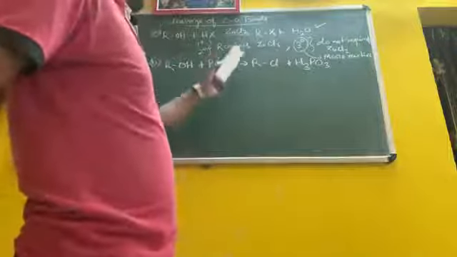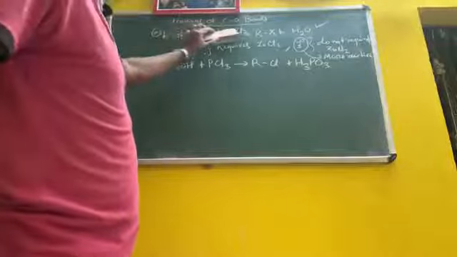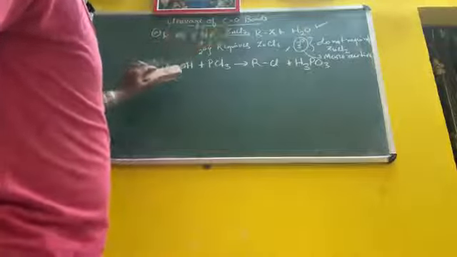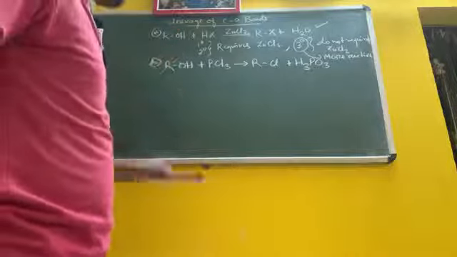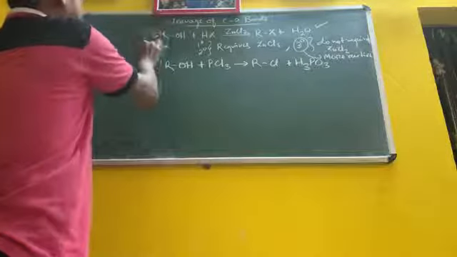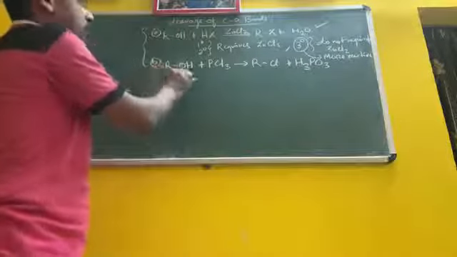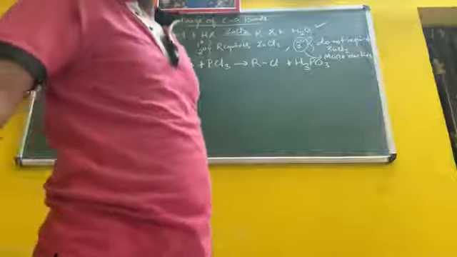So these are the two properties, with hydrohalic acid and ZnCl2, the Lucas reagent, and with PCl3. These two reactions are in lesson 10, haloalkanes and haloarenes. I think all of you are clear about these two reactions.